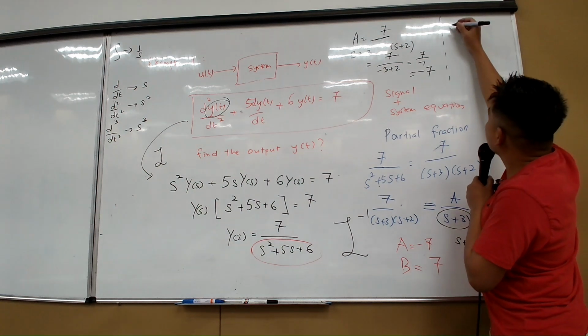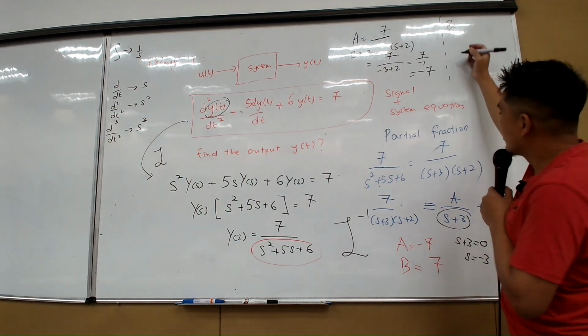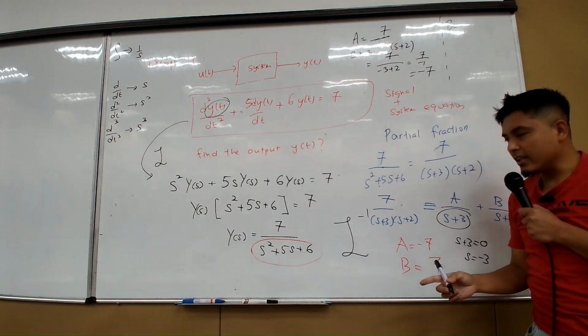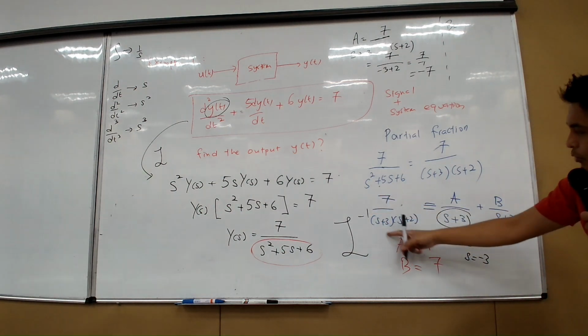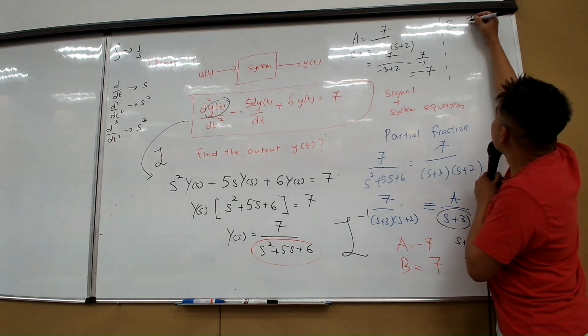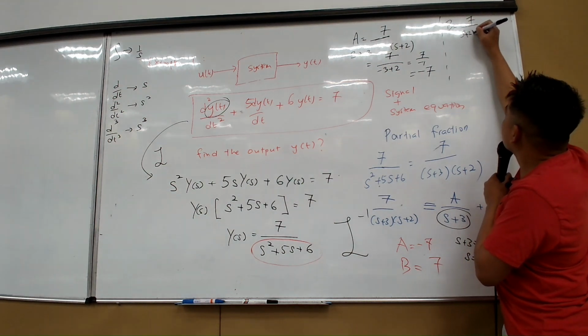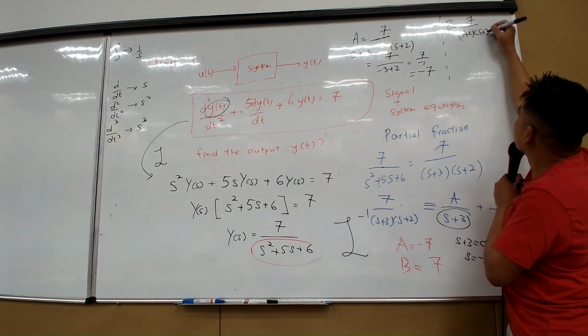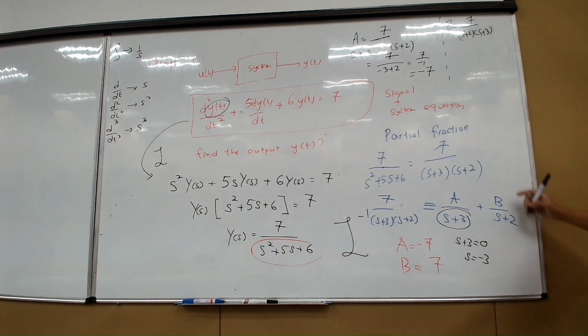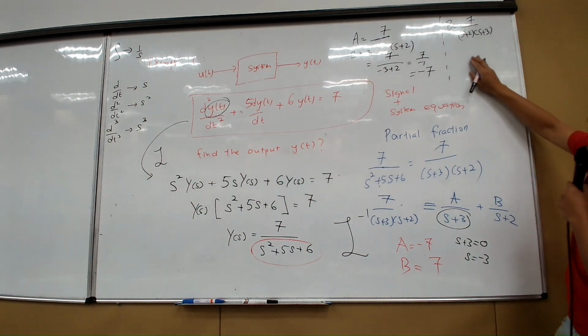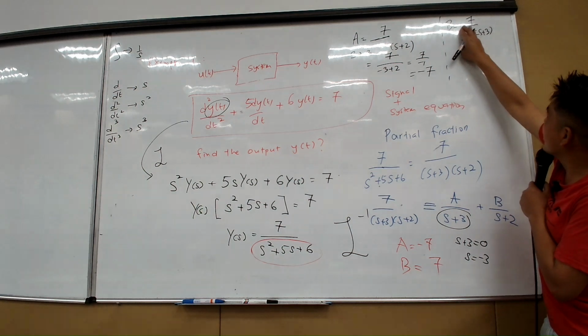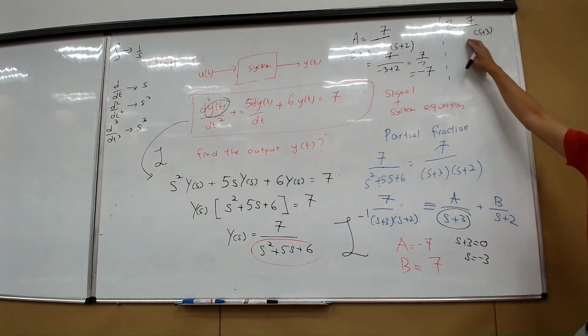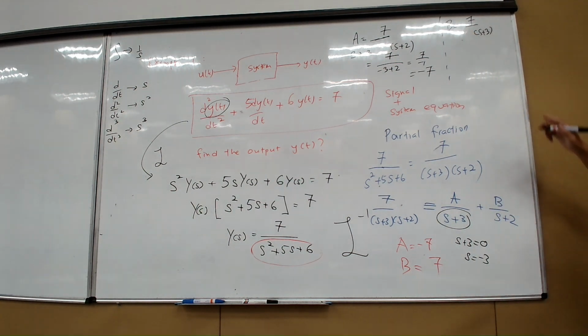So now you want to solve B. As I mentioned again, write down the whole question, 7 over (s plus 2)(s plus 3). What is under B? s plus 2, so you just erase s plus 2.